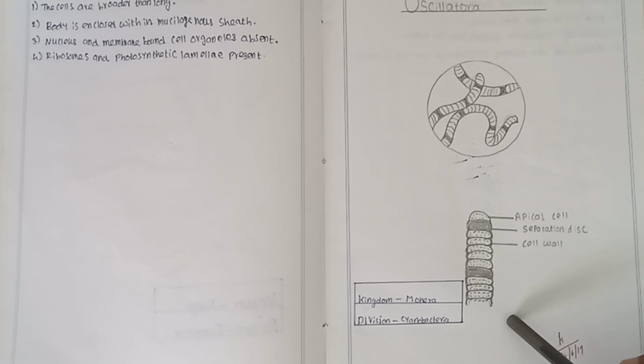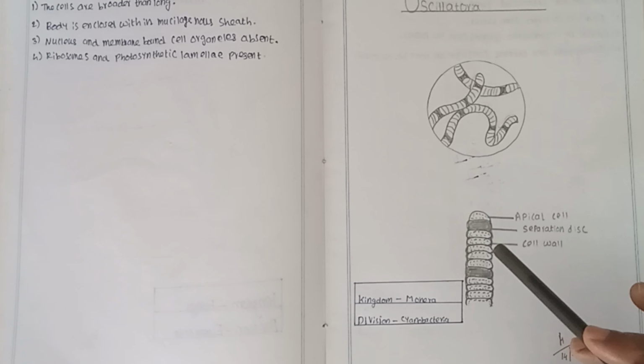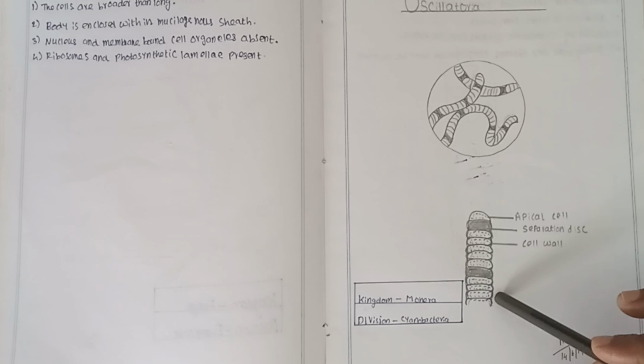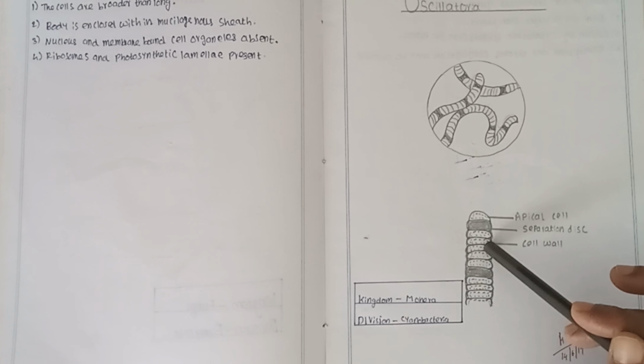Most bacteria are heterotrophs, but all cyanobacteria carry out photosynthesis in the usual manner as in green plants and release oxygen, so they are oxygenic.